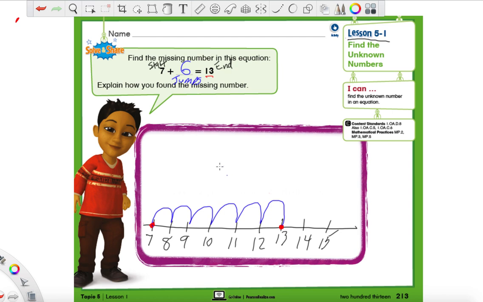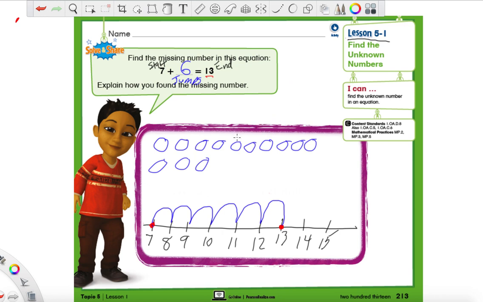Now if I wanted to solve this with some pictures, the first thing I'm going to do is draw my total, which is 13. 1, 2, 3, 4, 5, 6, 7, 8, 9, 10, 11, 12, 13.